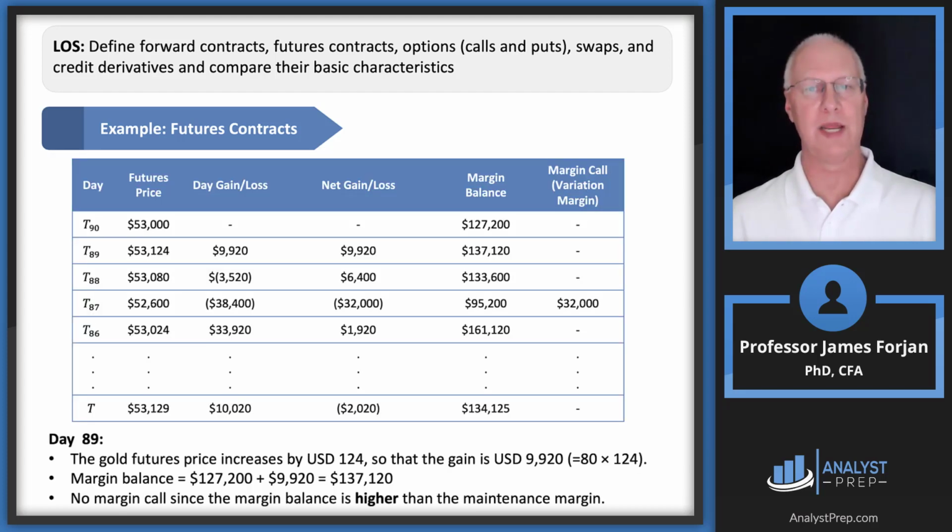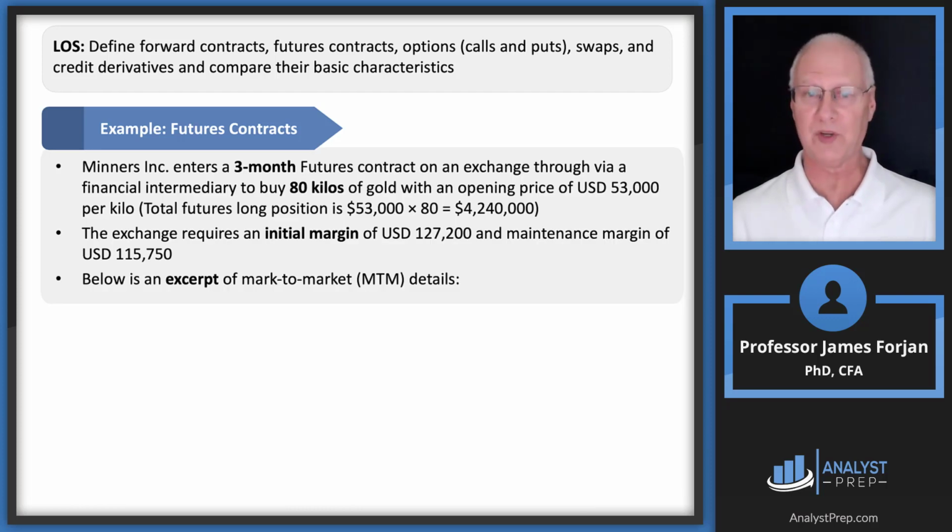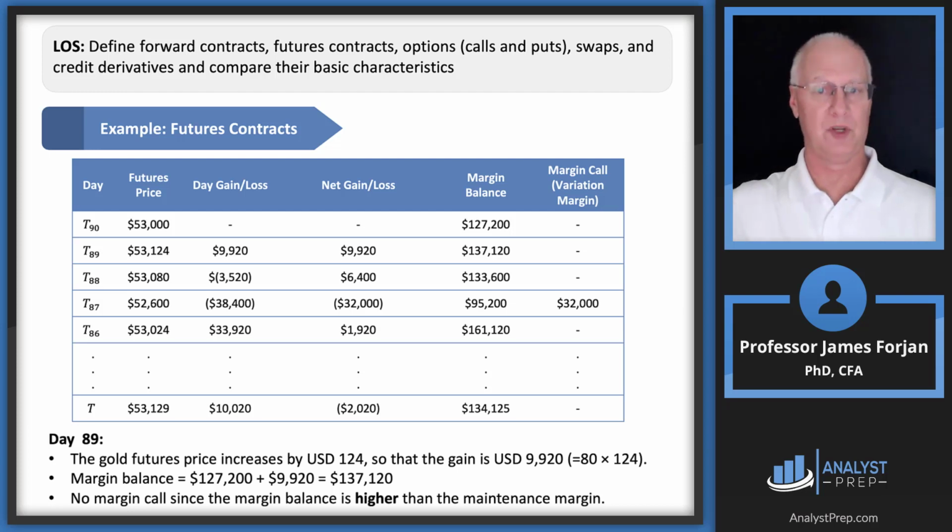And so we need to put in an initial margin of $127,200. Everybody with me? Now, so minners back here, we're taking the long position, right? The long position. So there's a short position out there somewhere, and that short position is going to have to do the same thing. They're going to have to put in $127,200 as their initial margin.